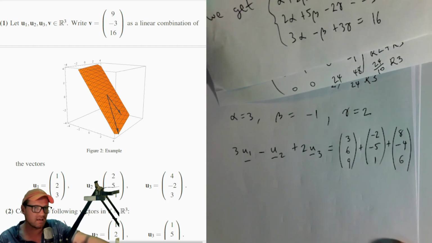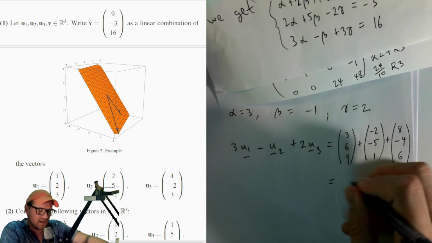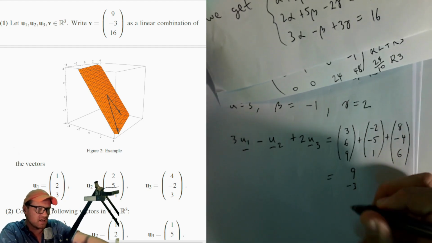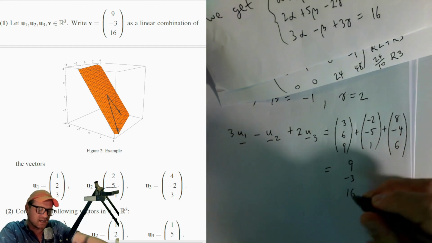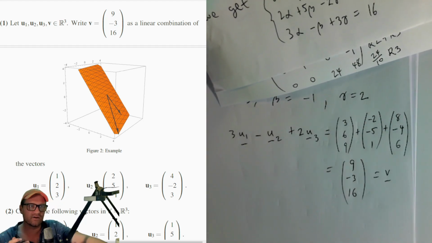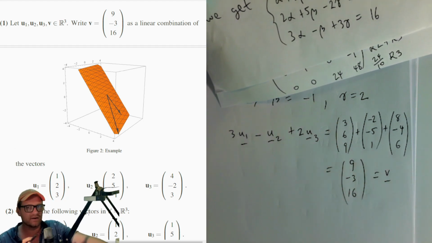Okay, and so adding these together, 3 minus 2 is 1, 1 plus 8 is 9, 6 minus 5 is 1, 1 minus 4 is minus 3. 9 plus 1 plus 6 is 16. And so, yes, this is V. So we've expressed V as a linear combination of U1, U2, U3, and this is the exact linear combination.